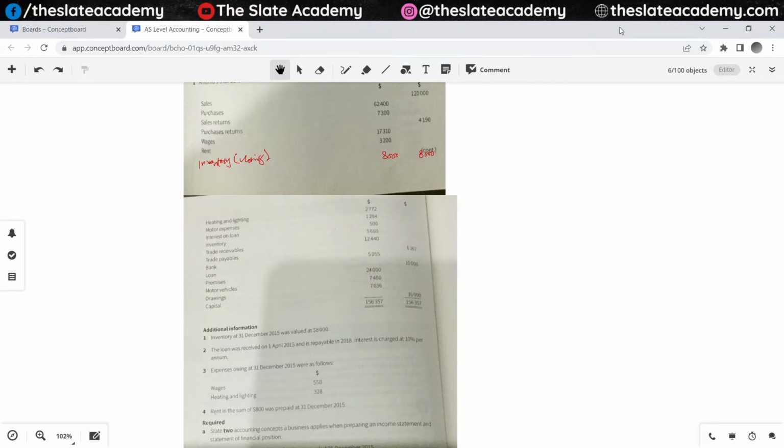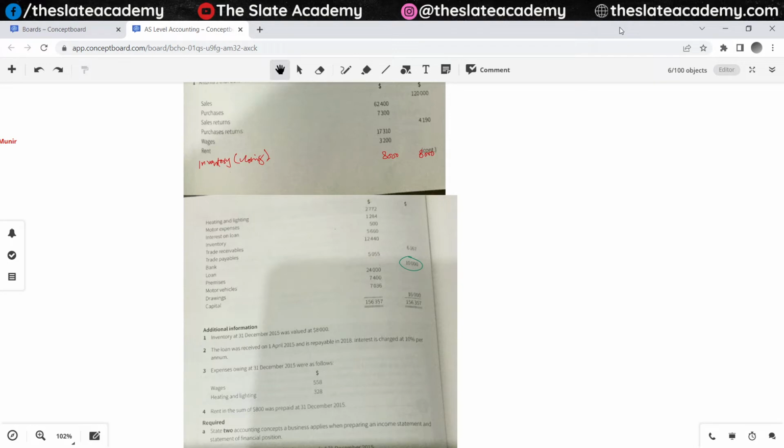So first of all, I would know where the loan is. Where is the loan? This 10,000. So it has to appear in the non-current liabilities, right? That's the first thing, because it's repayable in 2018.